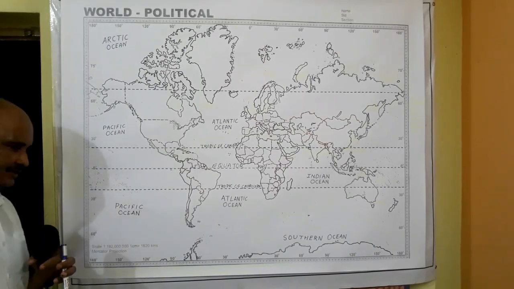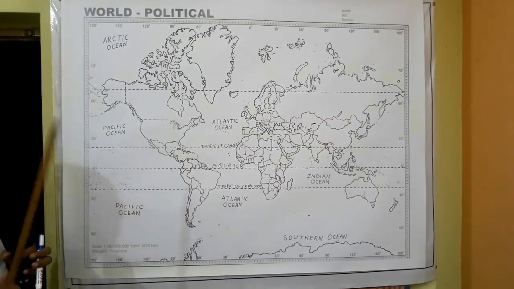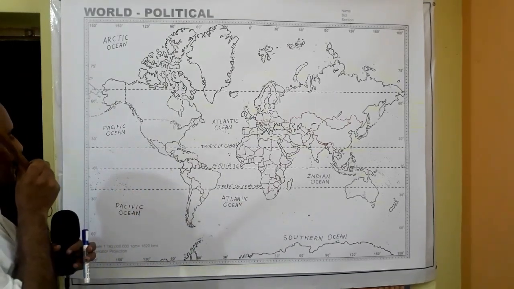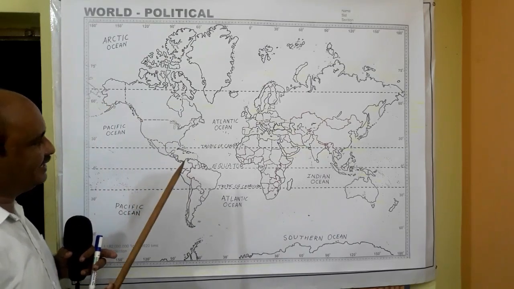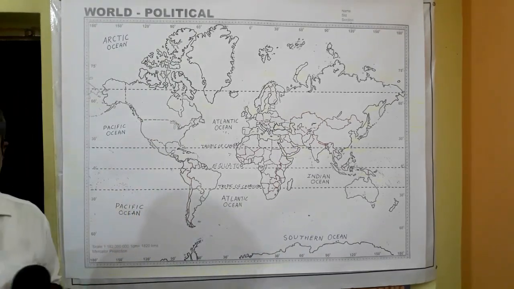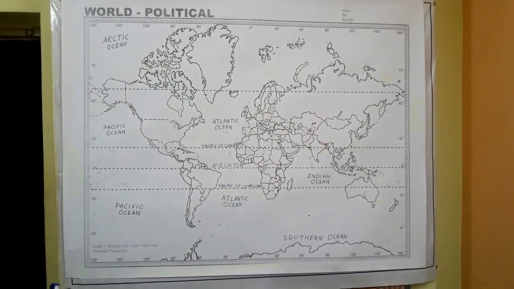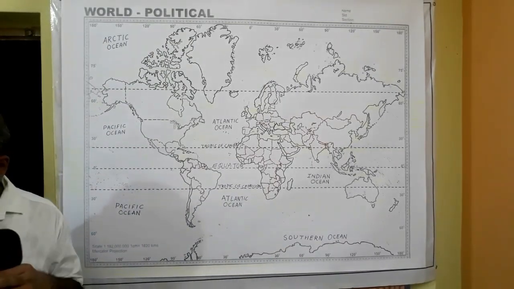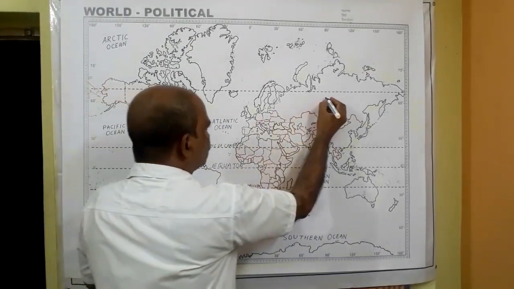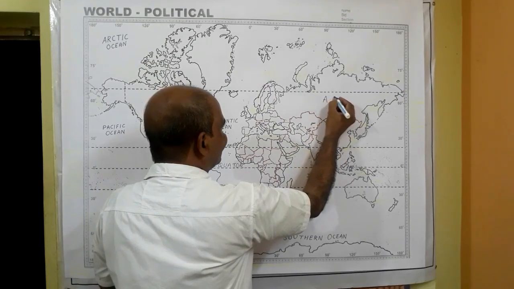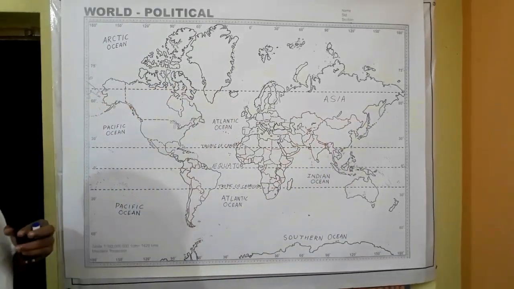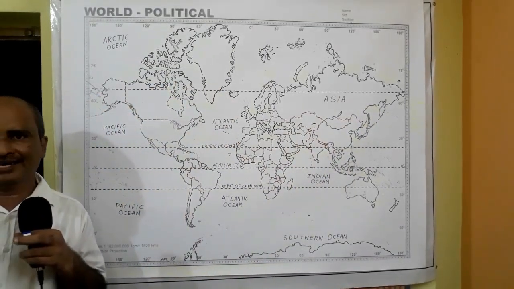Okay, right. Now here our point is we have to learn about the continents both by area and population wise. Now let us learn area wise. If you go by area, the number one slot is held by Asia. So Asia holds the number one position by area.